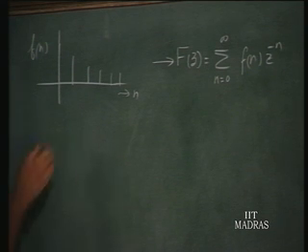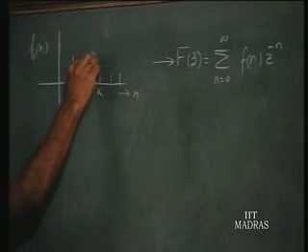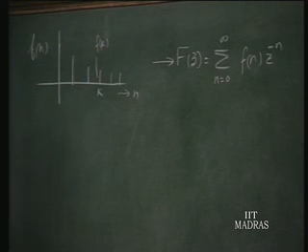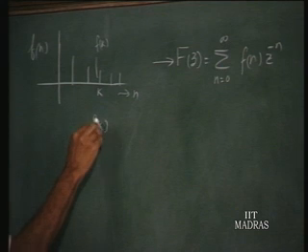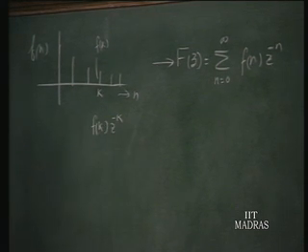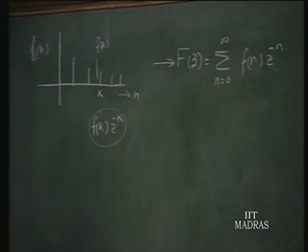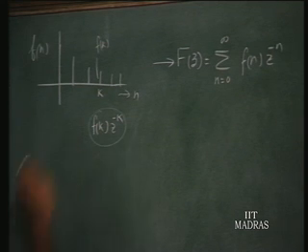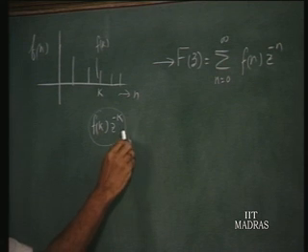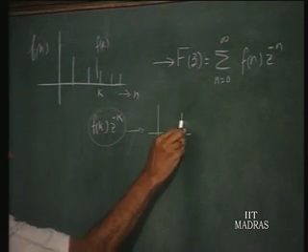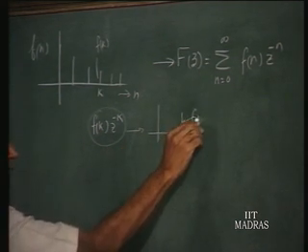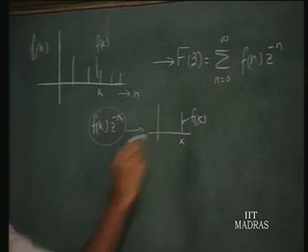What this means really is that the kth sample, which is f(k), is given a weight z to the power of minus k. So f(k) is multiplied by z to the power minus k, and the summation of all such terms gives you the F(z). Conversely, f(k) z to the minus k standing by itself is the Z transform of a single value f(k) standing at the kth instant.